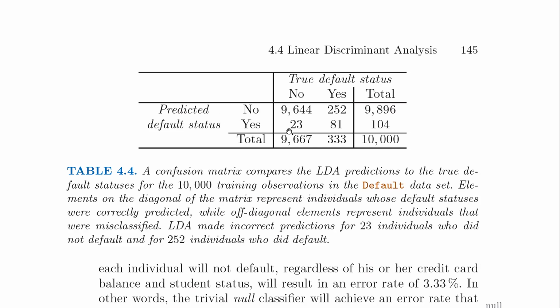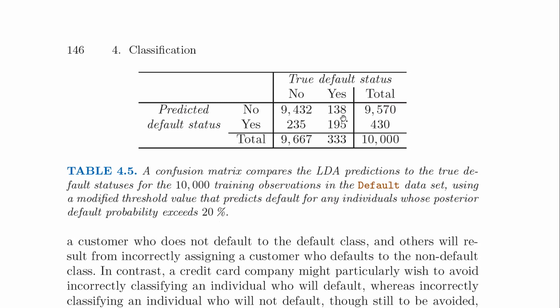But that's the price we're willing to pay, because now instead of only getting 81 of the yes defaults correct and classifying them as yes, it gets 195, which is now more than 50% of the yeses.